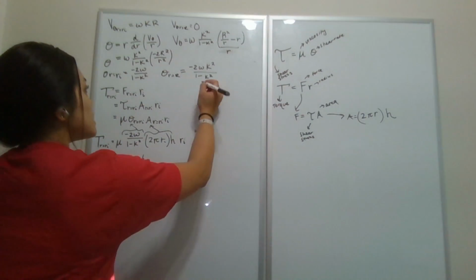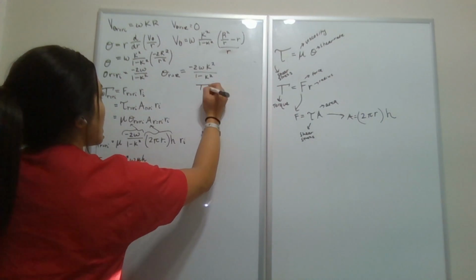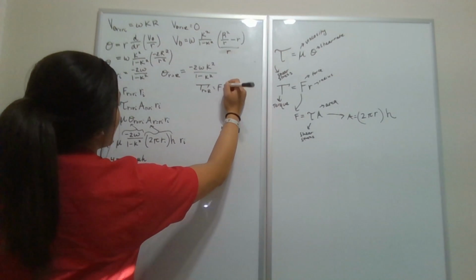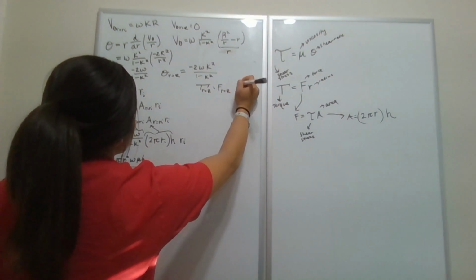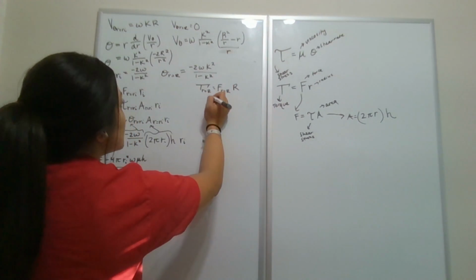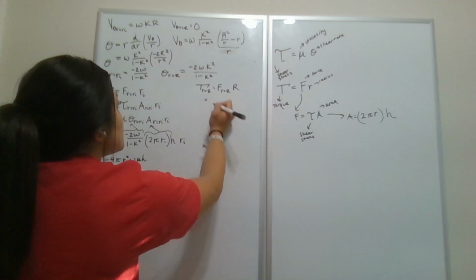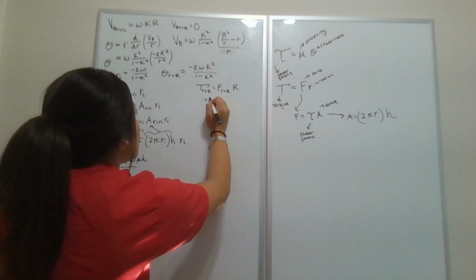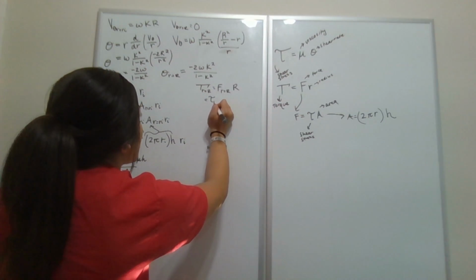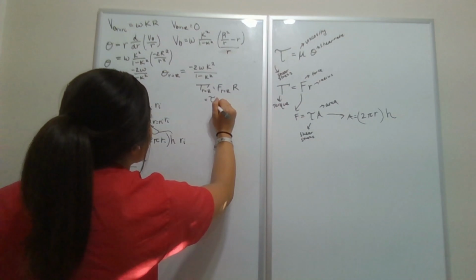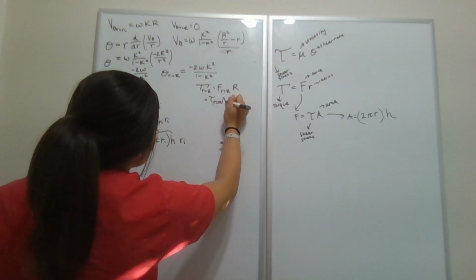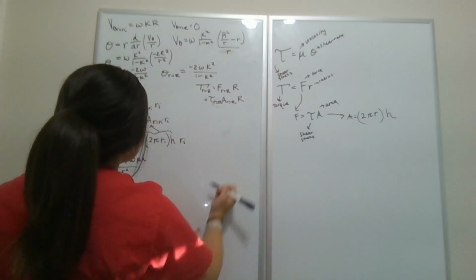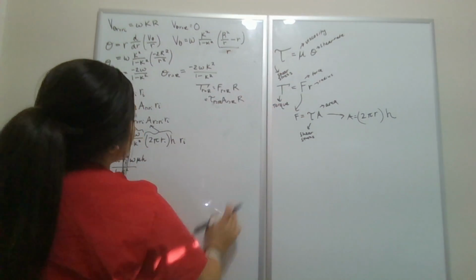Now if we go and define the torque at the outer radius, we have the force at the outer radius times the outer radius. And using what we know about force, we have the force equals the shear stress at the outer radius times the area at the outer radius times the outer radius, which is from this torque equation.